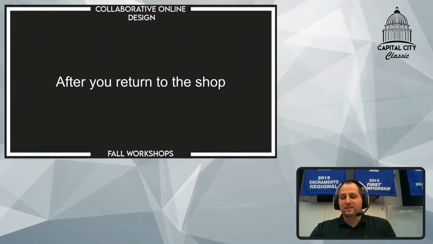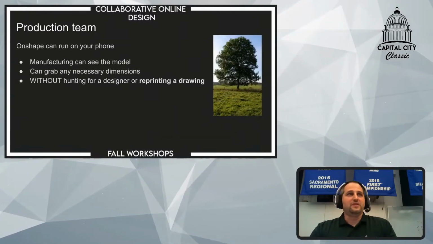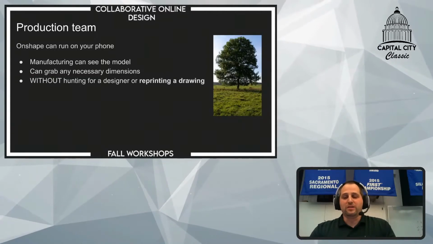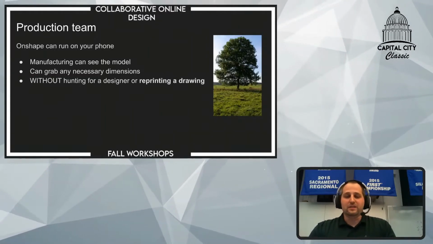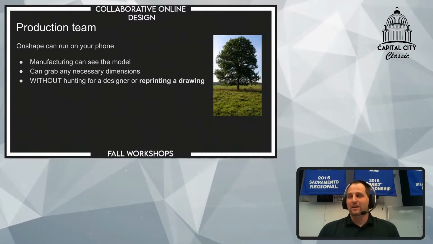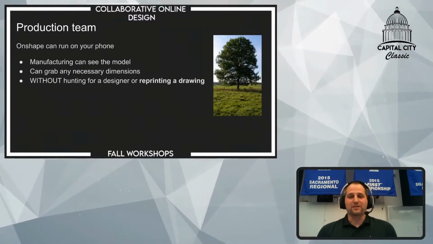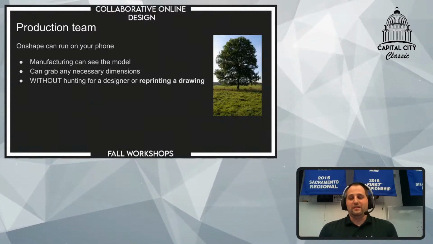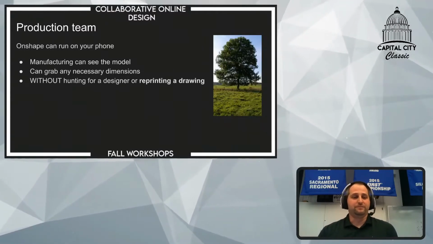They can get dimensions they need. If the dimension was missing on the drawing, your designer missed that part, or it's been modified, they're able to see those things without hunting down someone from your design team and asking them a bunch of questions. It gives them the power to find those answers on their own, which leaves your design team working on the things they want to work on.